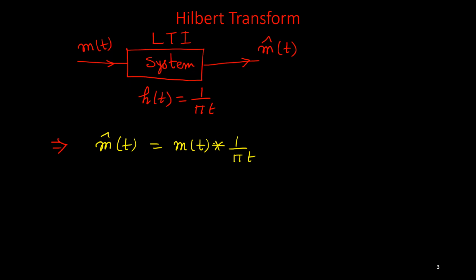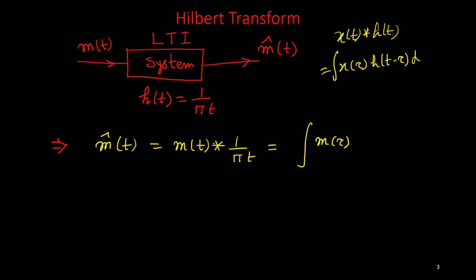So this one, we can write with m(tau), because we know that convolution between x(t) and h(t) is simply x of tau and h of t minus tau d tau. Okay, so the same thing we'll use here. So this is m(tau), and this is your h of t minus tau.